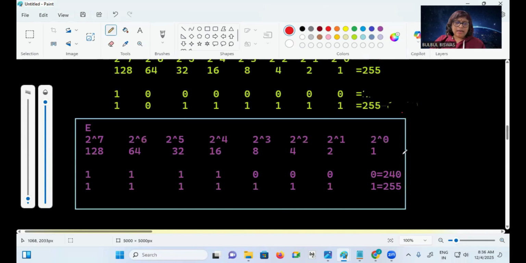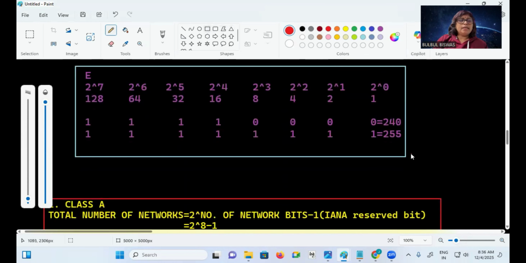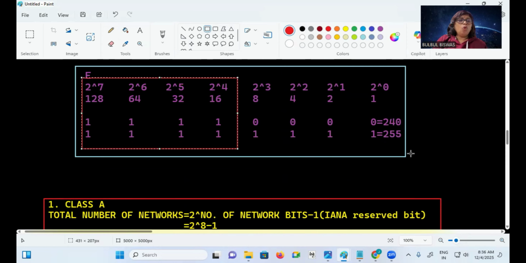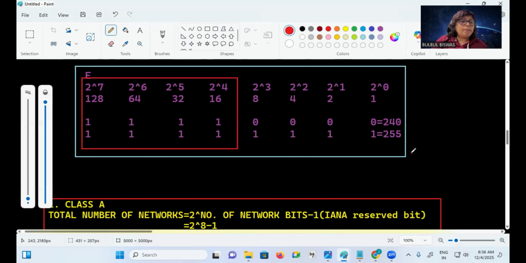Now come to class E. In the case of class E, what is IANA saying? IANA is saying the first 4 bits will be reserved as 1, 1, 1, 1. It will never change. So you see, every octet starts with 0, but IANA has reserved these 4 bits as 1. And one day every octet will become 1, but IANA has already reserved it as 1.